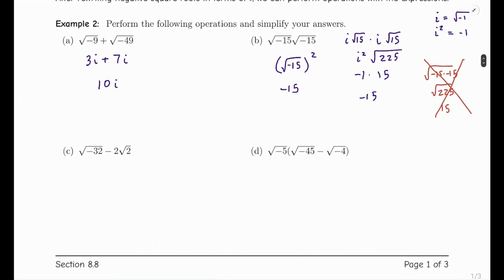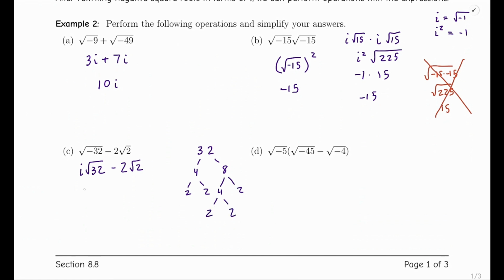C. Square root of negative 32 minus 2 square root of 2. So the first thing I'm going to do is pull an i out. So it's i square root of 32 minus 2 square root of 2. And now I can do the square root of 32 like I normally would with a factor tree. So 32, which is 4 and 8, which is 2 and 2, which is 4 and 2, which is 2 and 2.